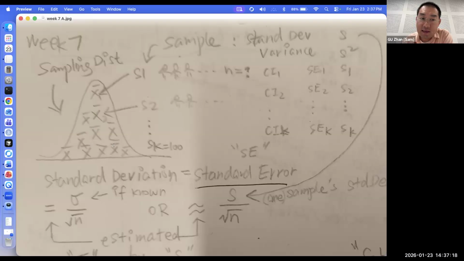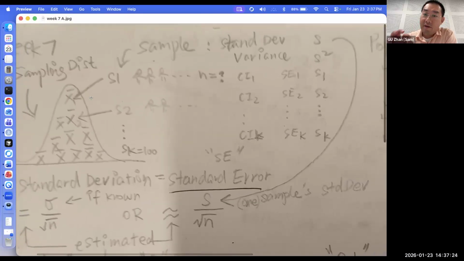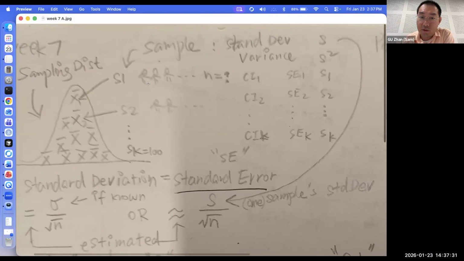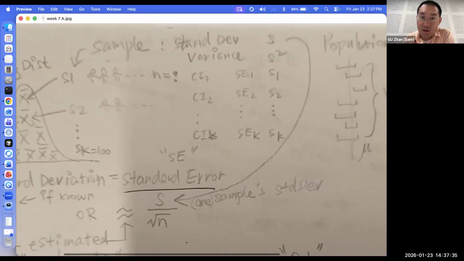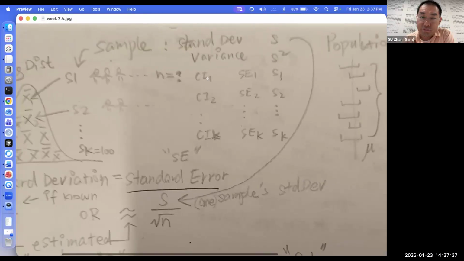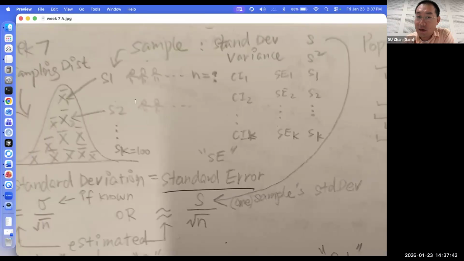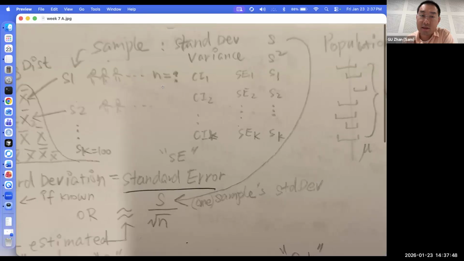So there are k x bars. Each x bar is an average of n samples collected from the population. For the time being, n is unknown to you. For x1 bar, it has n individuals, n samples.